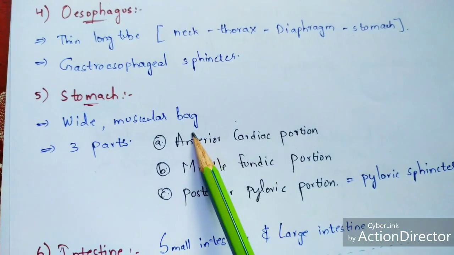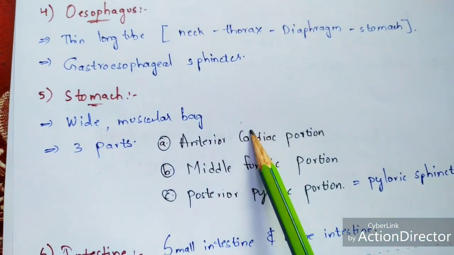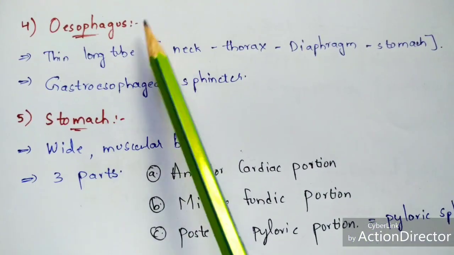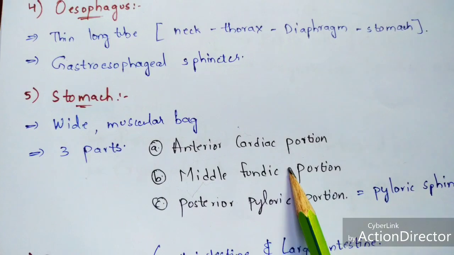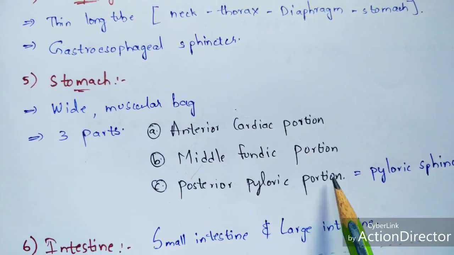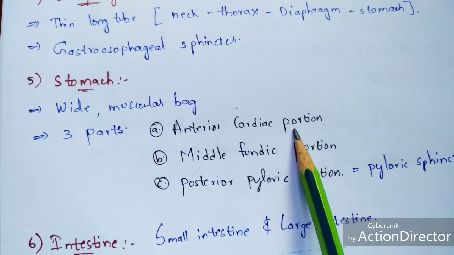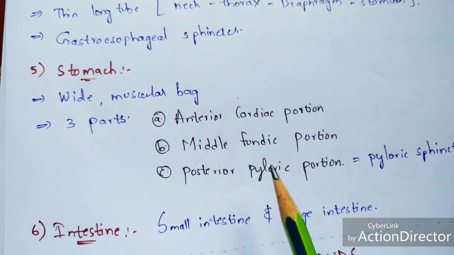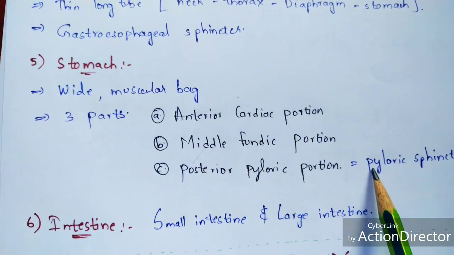The anterior cardiac portion helps in the entry of food from the esophagus. The middle fundic portion helps in the storage of the food, and the posterior pyloric portion makes the entry of food into the intestine, which is regulated by the pyloric sphincter.